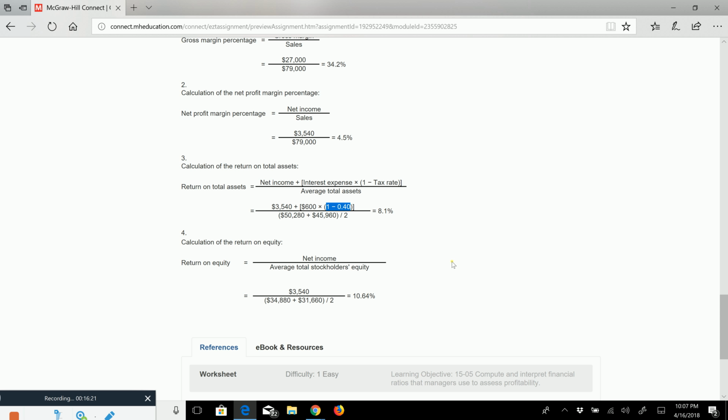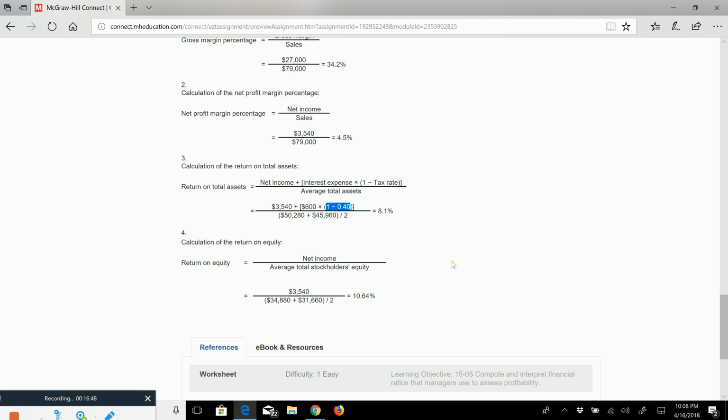That's how much the interest is saving you. It is telling you, okay, my $600 in interest expense, I'm actually saving 60%. Your denominator is your average total assets. We get a percentage, the return on assets. We want this number to be as high as possible.